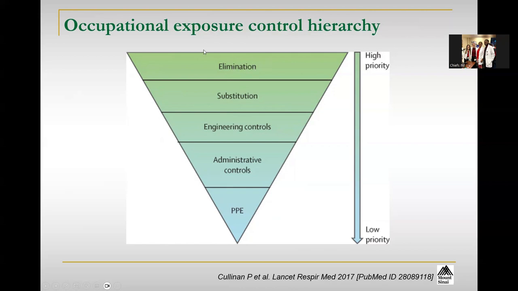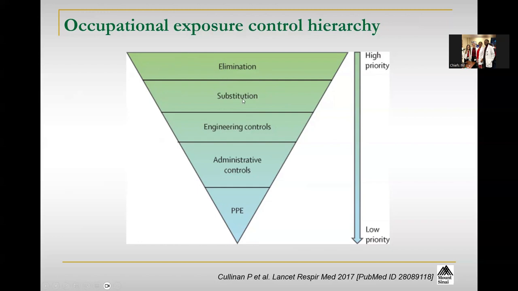The best one is the elimination, if at all possible, of the hazard. The next level is what is called substitution. So if there is a material that is hazardous, you try to find one that can be substituted, and in that way mitigate the potential hazard of the first one.